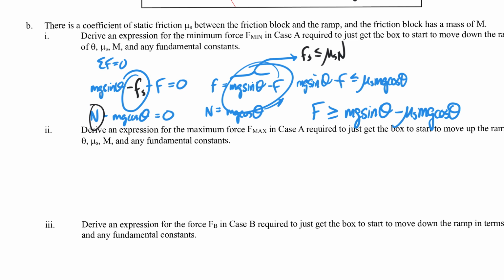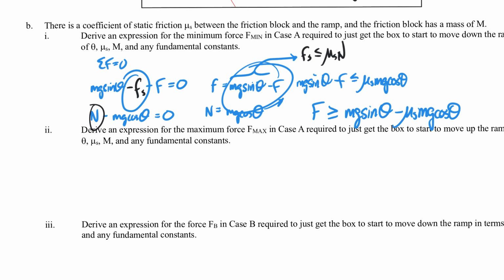Now, is this more consistent with what they're asking? It gives me a minimum now, doesn't it? My force has to be at least this big or bigger to keep the fan from sliding down the ramp. Whatever that is. Go ahead.